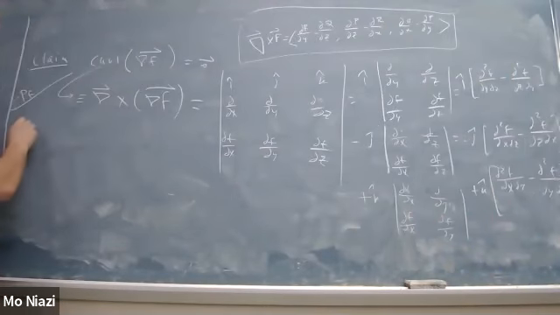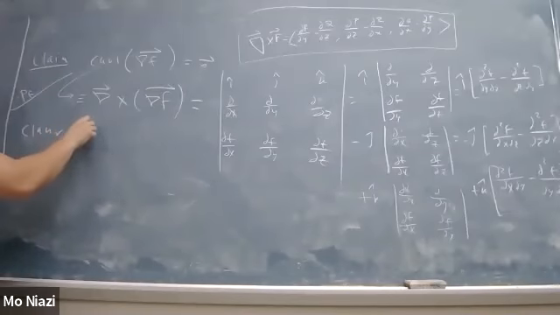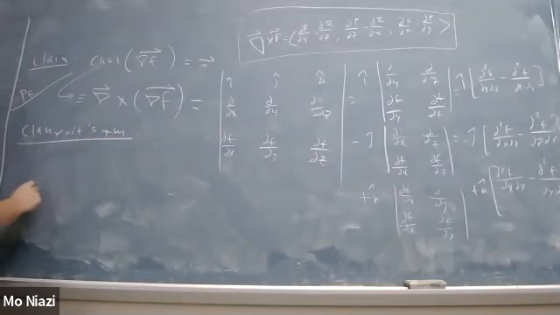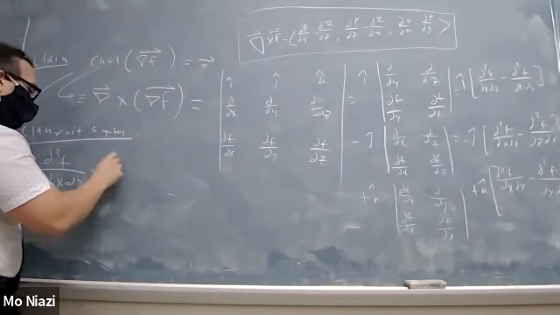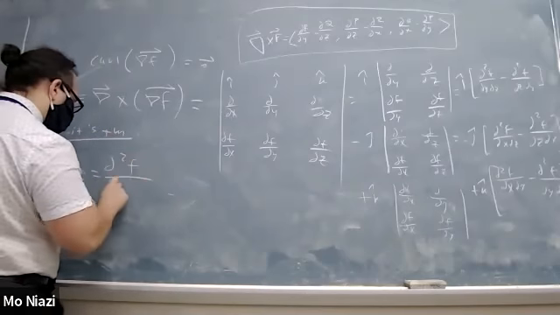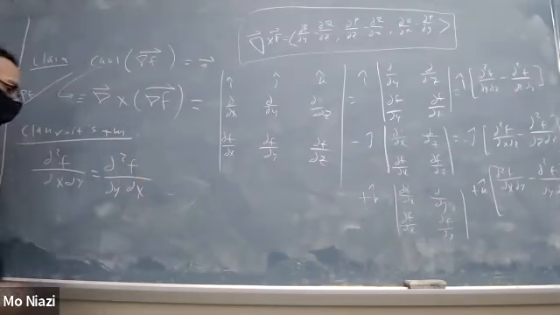Now, Clairaut's theorem states that if you have a nice function, the mixed partial derivatives are equal.